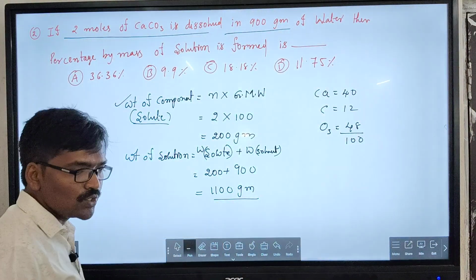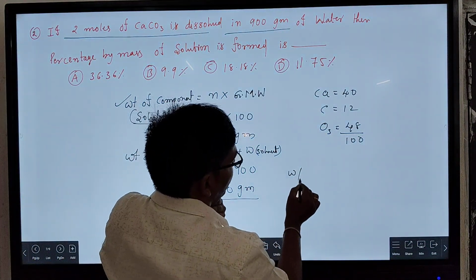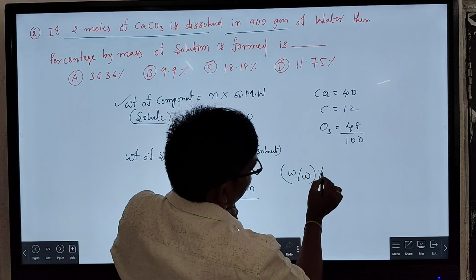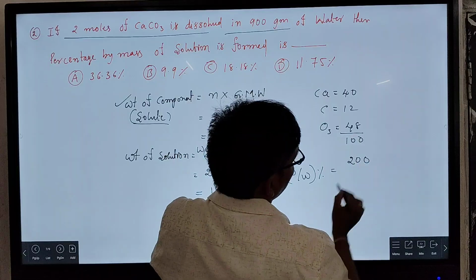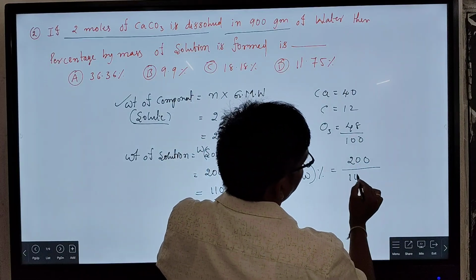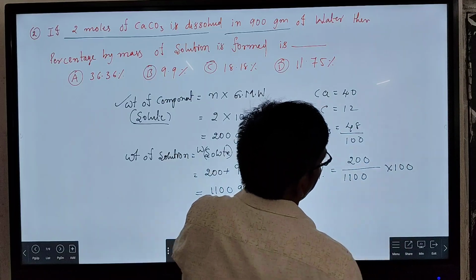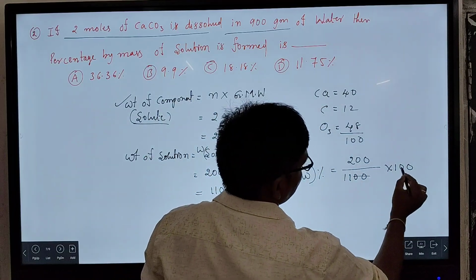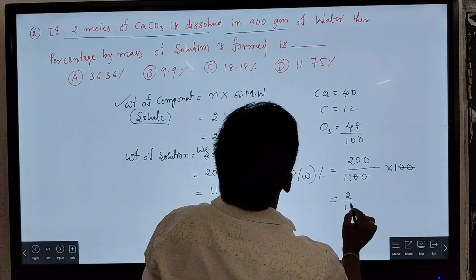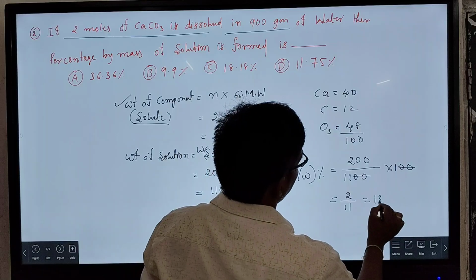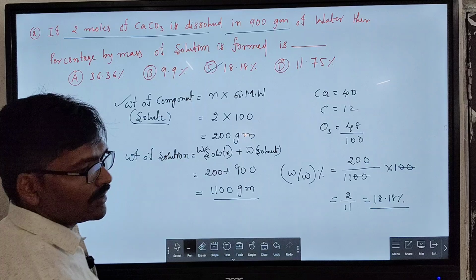This is what weight of solution. Sir, weight percentage of solution in case if you want to find out, weight by weight percentage equals to weight of solute divided by weight of solution into 100. Then 2 zeros cancel. Then 2 divided by 11, that is we can get it is 18.18%. Right. Next.